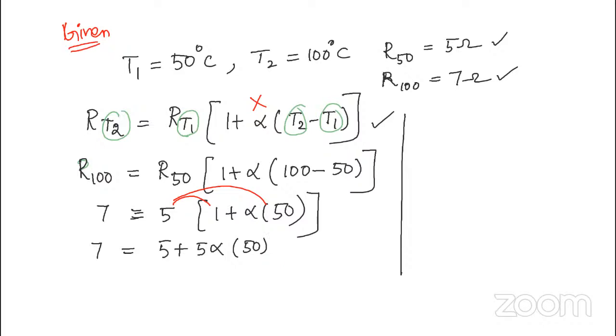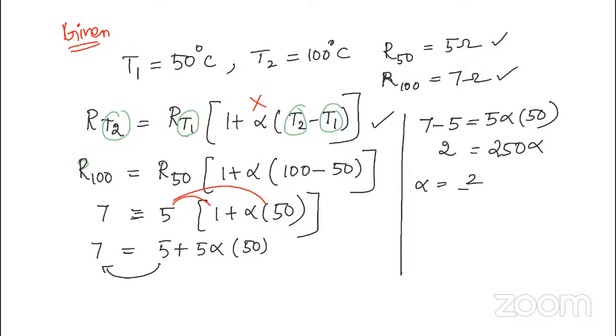Then we can take the 5 to the left. Okay, so 7 minus 5 is equal to 5 into alpha into 50. So this is 250 alpha and here it is 2. Okay, so alpha is equal to 2 divided by 250, that is equal to 1 by 125.